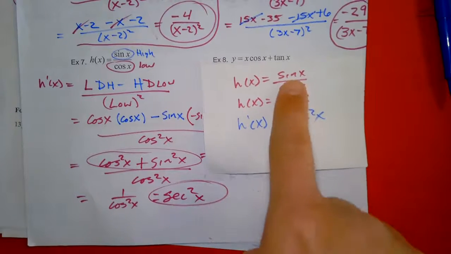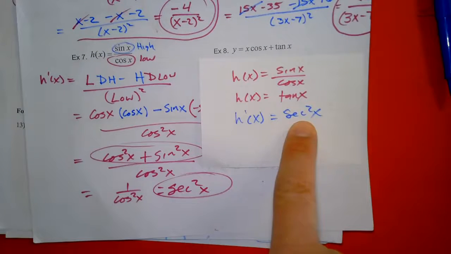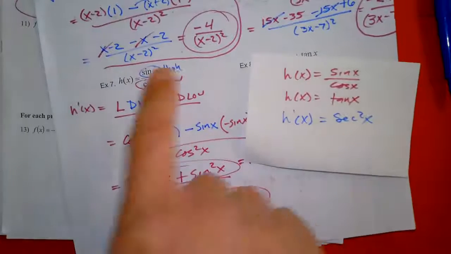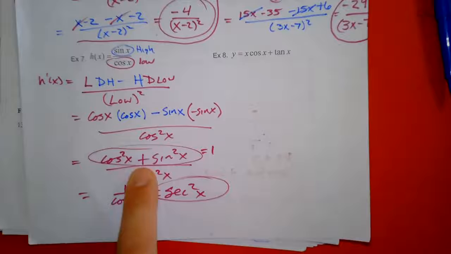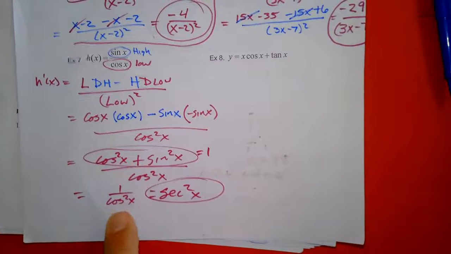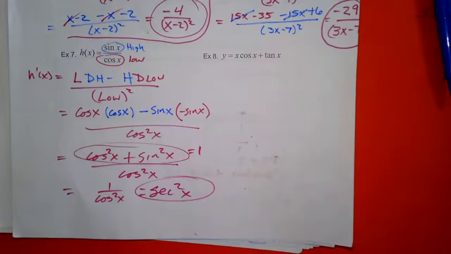So again, sine over cosine is tangent, and the derivative of tangent is secant squared. Okay? Either way works. But this one we had to do the quotient rule, then we had to use some Pythagorean identities, and then we had to use the inverse of cosine and apply that. Okay? All right, ladies and gentlemen.